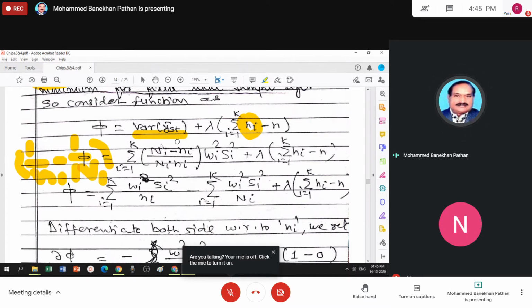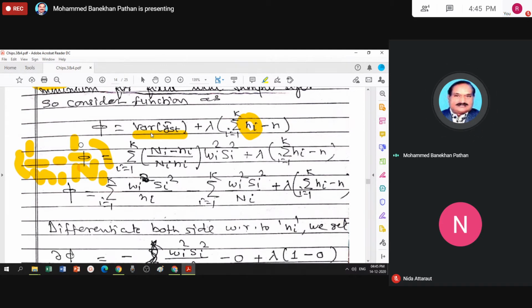So this bracket is written separately like this. In the next step, wi square si square multiplied by the first term is the first quantity, minus summation i equals 1 to k wi square si square multiplied by this gives this much. So this is nothing but simplification.